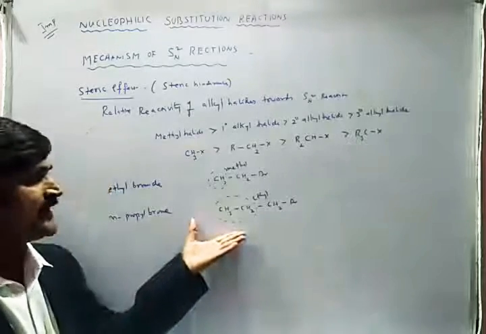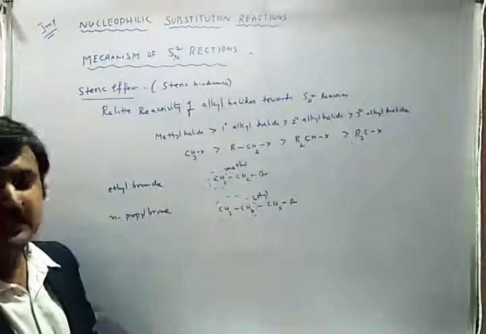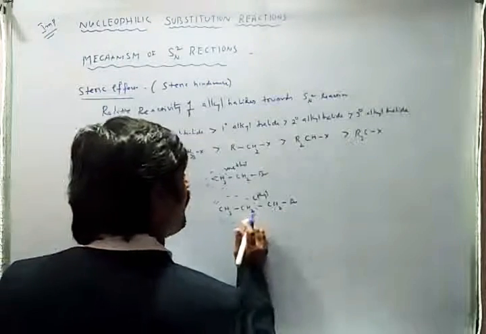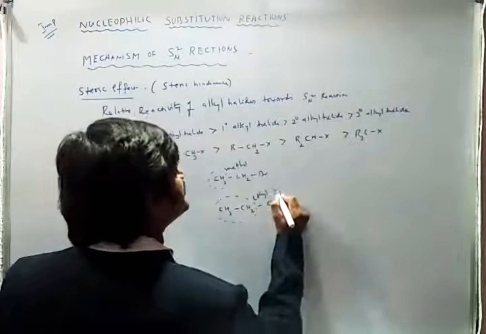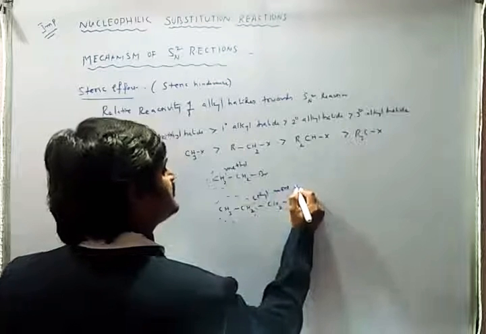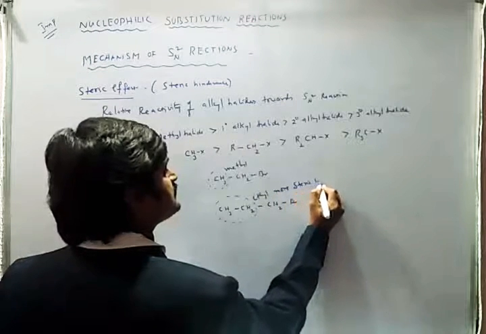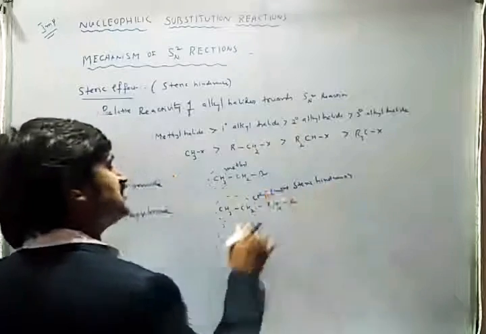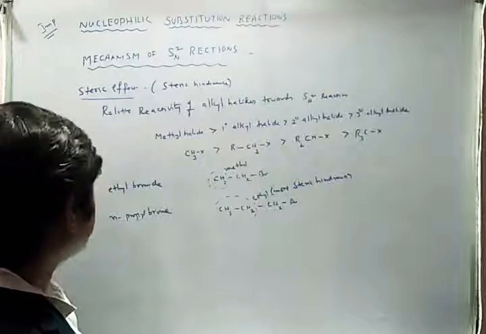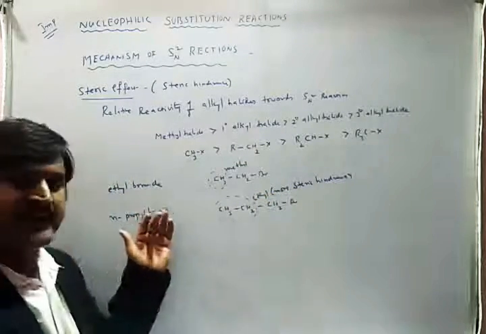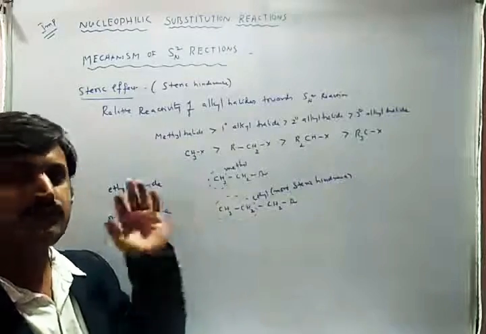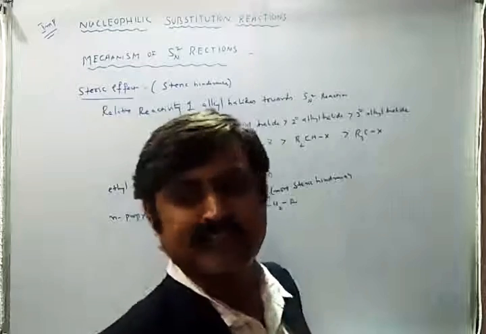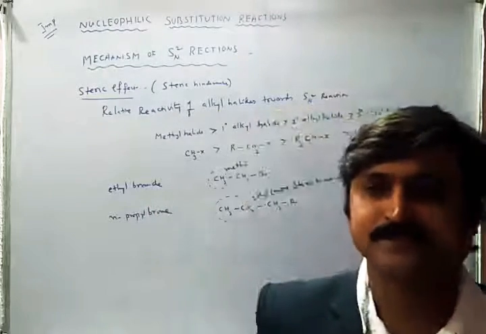That means the ethyl group of propyl bromide causes more steric hindrance. Because of this, the reactivity of n-propyl bromide is lesser than the reactivity of ethyl bromide towards Sn2 reactions.